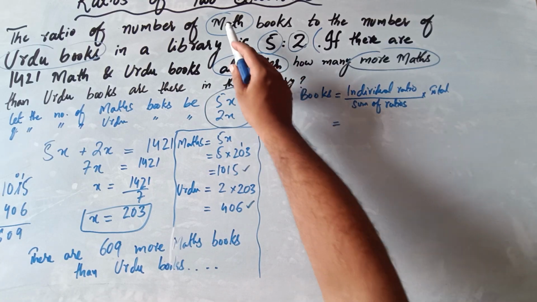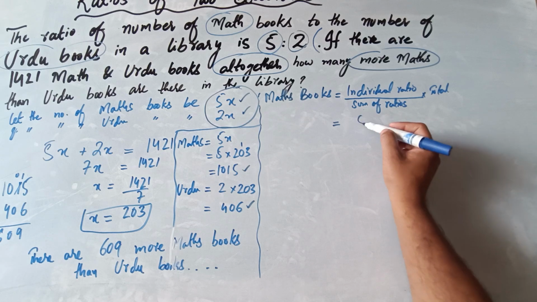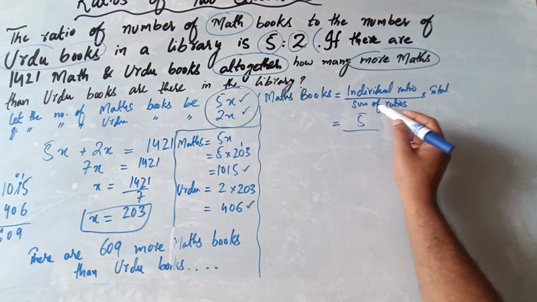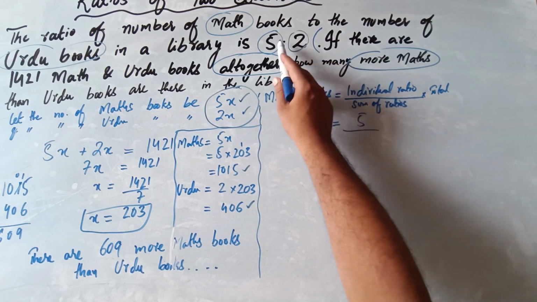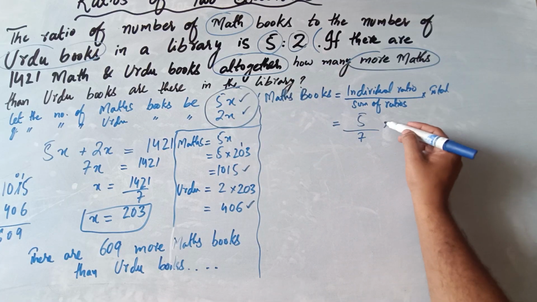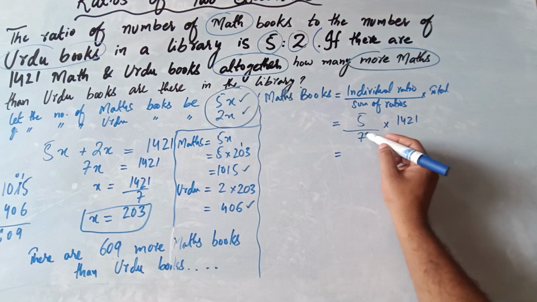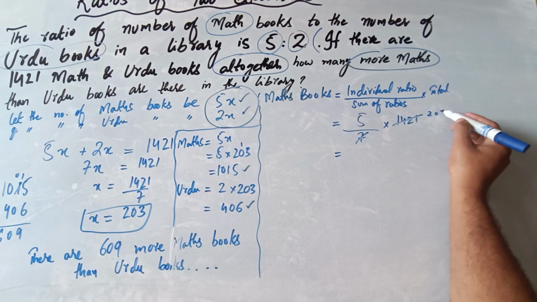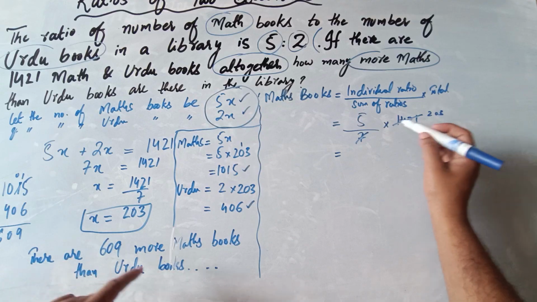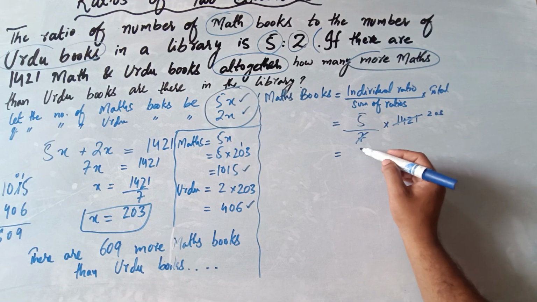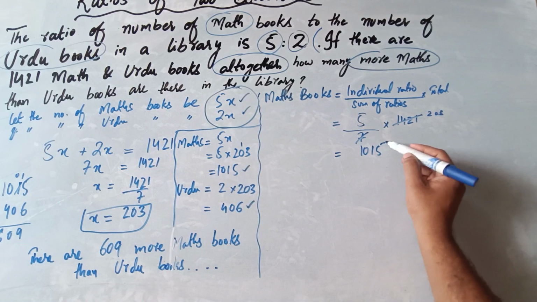For maths books we take the ratio of maths, 5, over the sum of ratios, which means adding both of them, multiplied by 1421. 7 ones are 7, 7 times 203 is 1421, and 5 times 203 is 1015. Again the same answer.